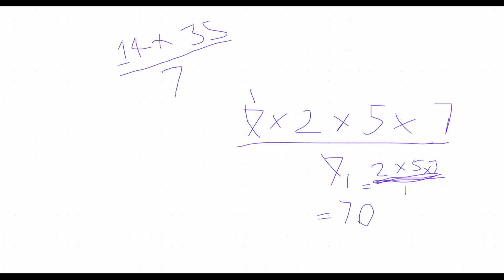So 70. But I can still do it without this 1 though. Yeah, you can still do without that 1. So in a week's time, you should be able to look at that and tell the answer. Okay, simplification. So we are going to do the next one.